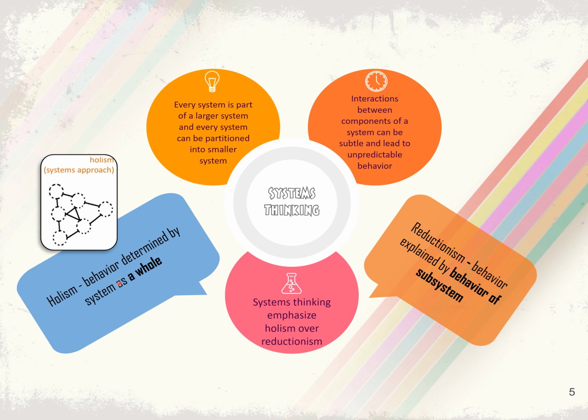What is reductionism? It is behavior explained by the behavior of the subsystem. This one is looking into the subsystem and explaining the behavior based on what it sees in the subsystem. The approach that we want to have is, of course, the holism approach.